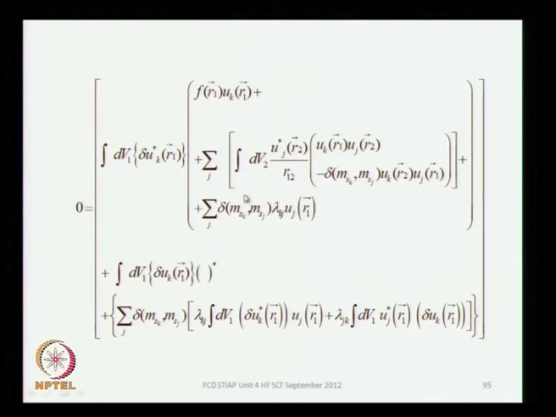Now, everything is here. Do you see all the terms? You have got the 1 electron integrals, the 2 electron integrals, and then you have got the constraints. Everything is put in.